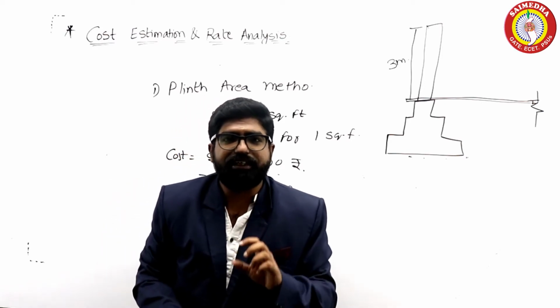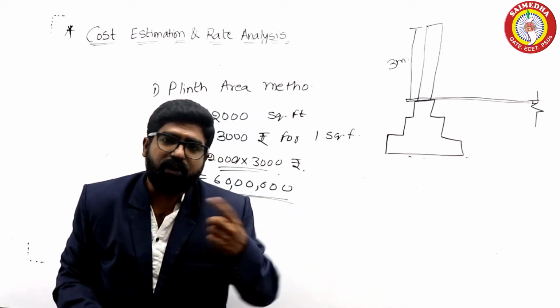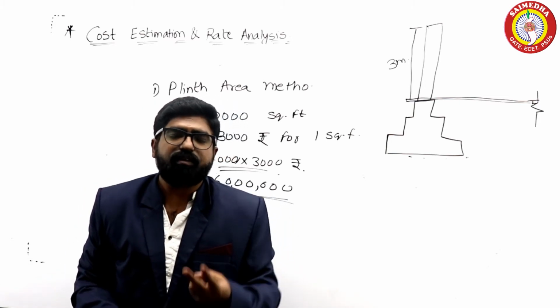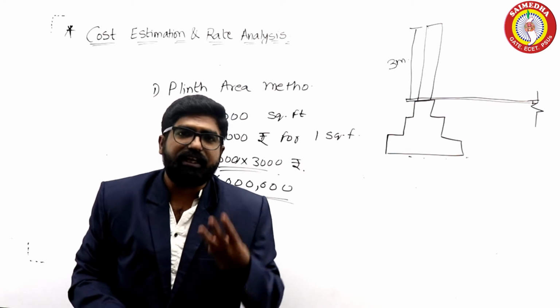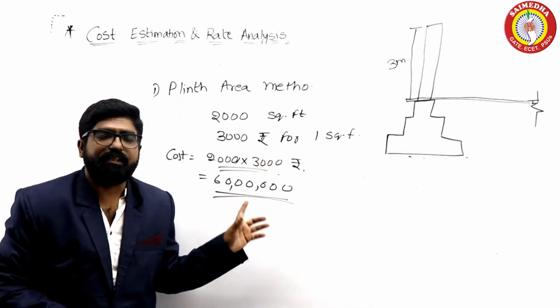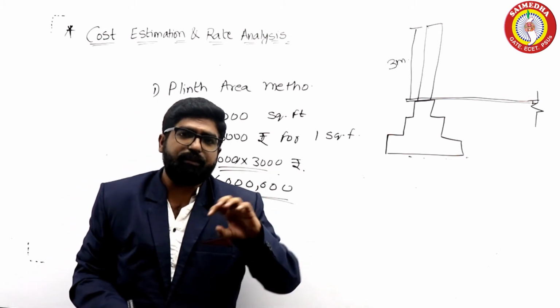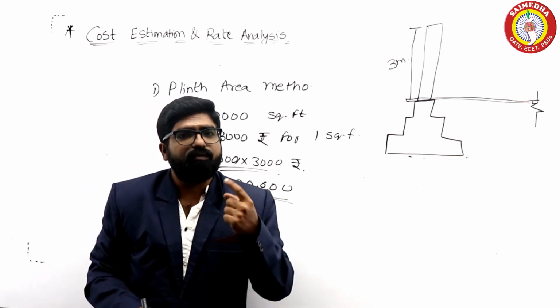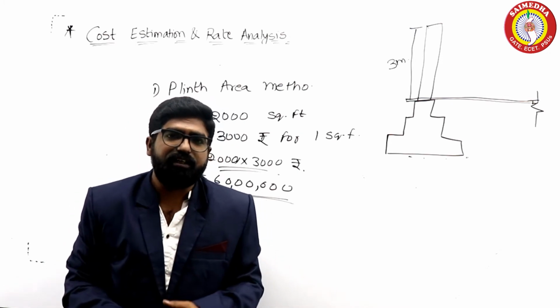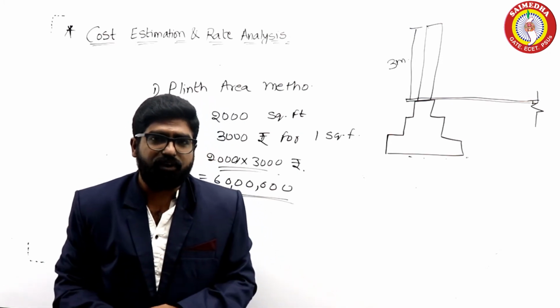But we need to calculate the construction cost along with electrification of the building, water supply of the building, and also supervision cost and contractor's profit. These are all not considered in the plinth area method. That's why we need some approximate percentages for water supply and sanitary, electrical, and supervision on the overall cost of the project.